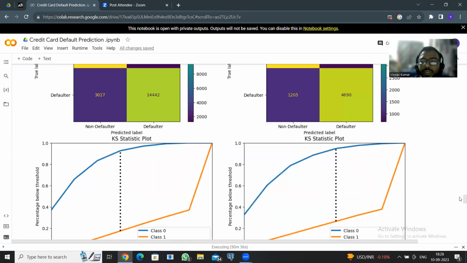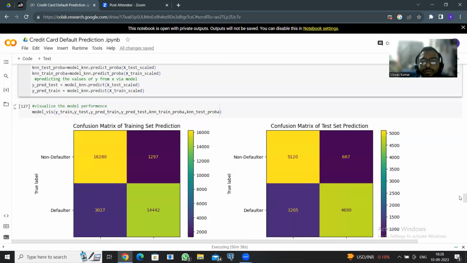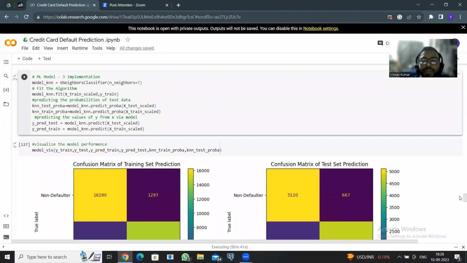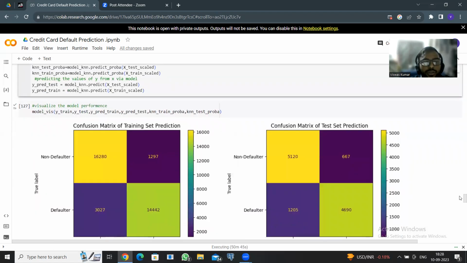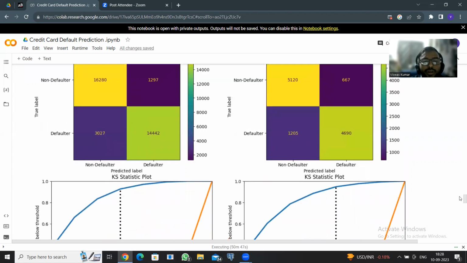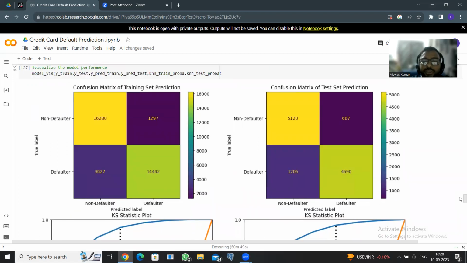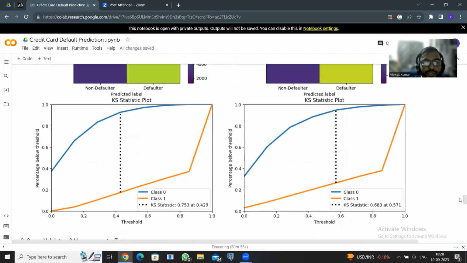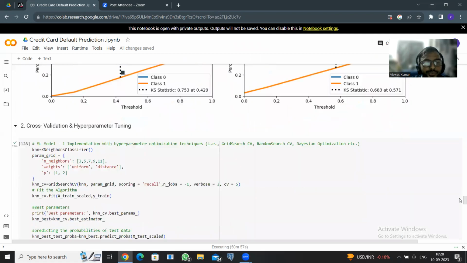Based on the nearest neighbors, it will classify whether it will default or not. By visualizing, we can see the confusion matrix and the numbers of positives predicted as positive and negatives as negative. The KS statistic score is 0.753.